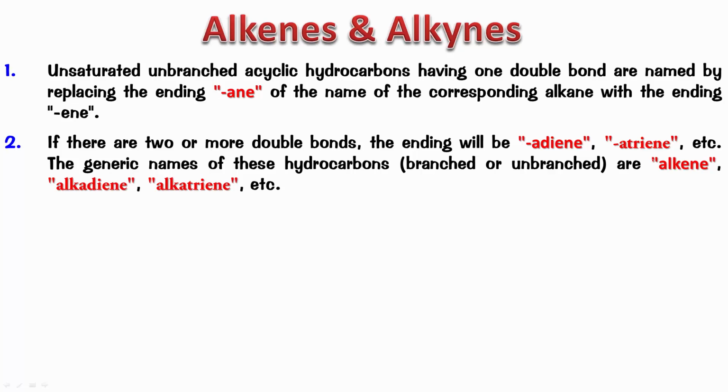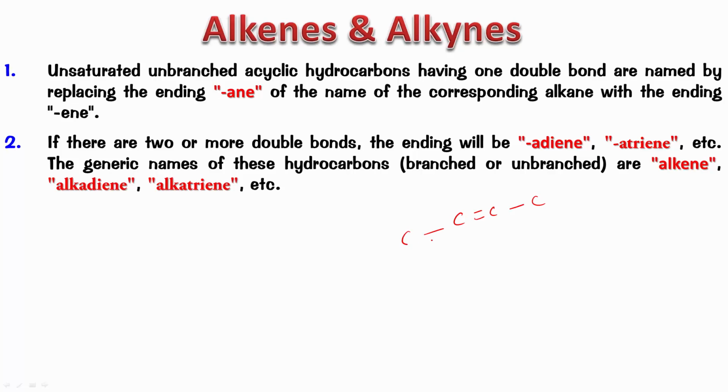Now, then comes the location of the double bond. We always ensure that the numbering is done from that end of the parent chain. In fact, okay, let's talk about the parent chain a little later. Let's assume that numbering has to be done from that end of the parent chain such that the double bond gets the lowest number. Obviously, the double bond exists between two carbon atoms.